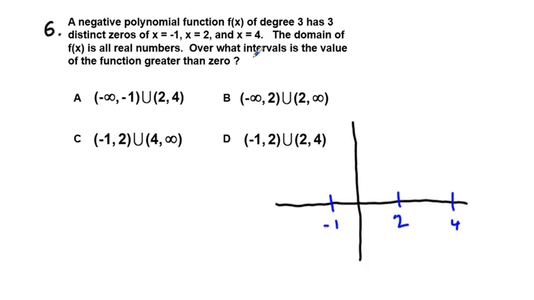So each zero has a multiplicity of only 1. And this is a negative polynomial function, and a negative polynomial function will start high on the left and end low on the right.